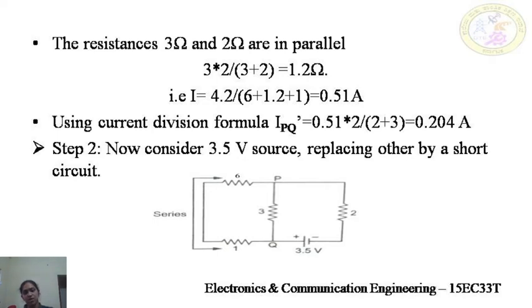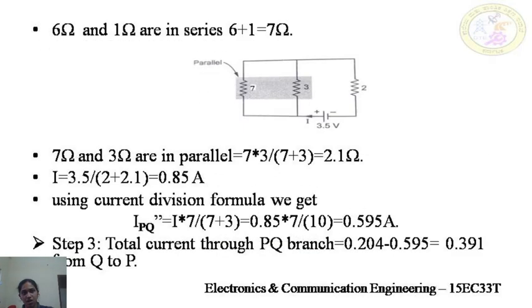Therefore, these two are replaced by a 7 ohm resistor. The 7 ohm and 3 ohm are in parallel. Therefore, these two are replaced by an equivalent resistance of 7 into 3 divided by 7 plus 3, that is equal to 2.1 ohm.